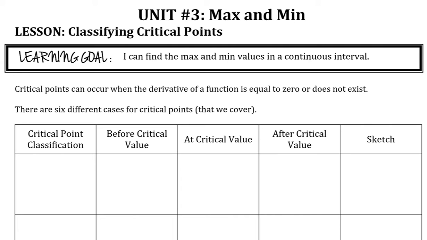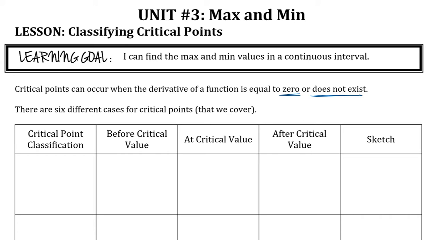The first thing to know in doing this is that critical points can occur, they don't necessarily occur, when this is true. Again, this is part of the process, but they can occur when the derivative of a function is equal to 0 or does not exist. And you remember in the last unit when we did a couple days on Simplify Fully, the second day was all about stating where the derivative was equal to 0 or where it does not exist.